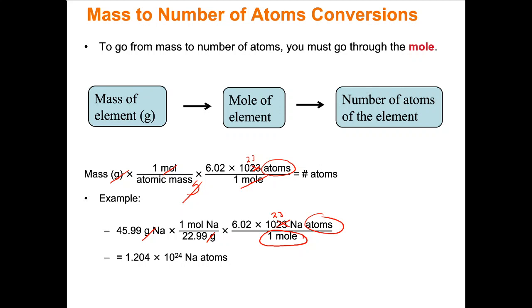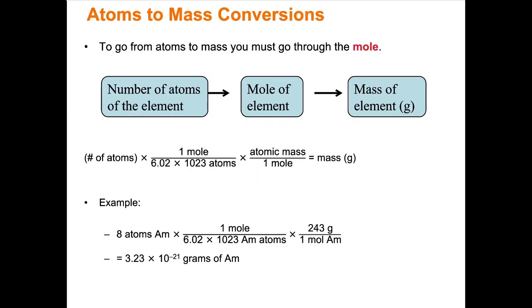Remember, 1 mole of something is Avogadro's number of that thing. So if I cancel moles with moles, I'm left with atoms, and that's what I'm looking for. So I would do 45.99 times Avogadro's number divided by 22.99, and that will give you my answer. Make sure you can get comfortable doing those.